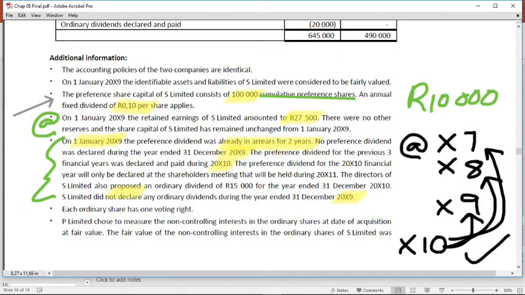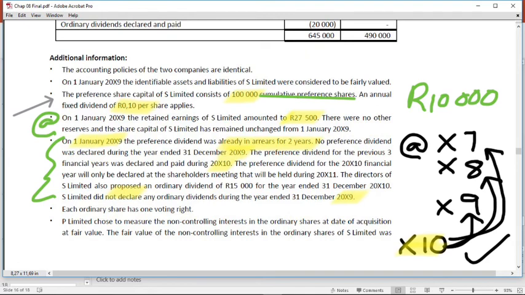But the X10 preference dividend was also not declared in X10, only in X11. Right, and we'll see the effect of that on the timeline, the analysis, and the consolidation journal entries. But it's important that you can visualize what happened with regards to this preference dividend.